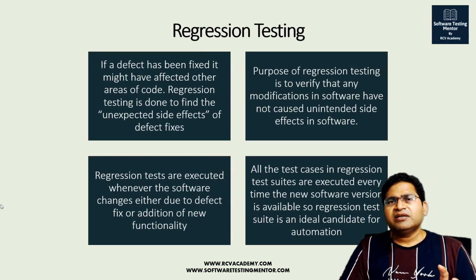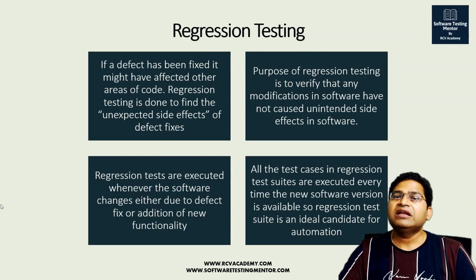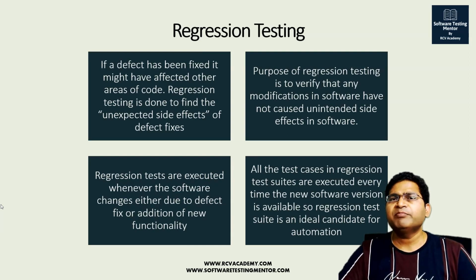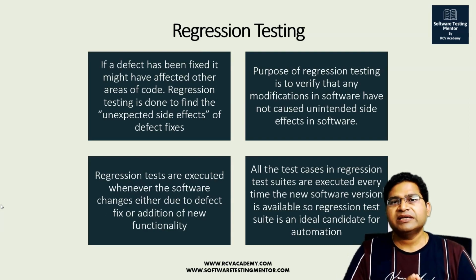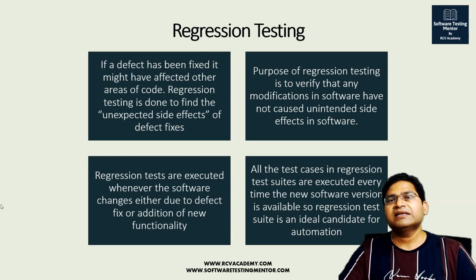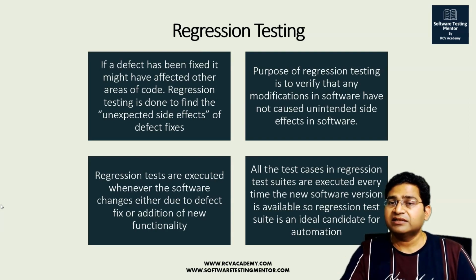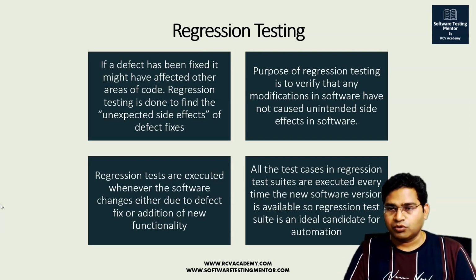Now regression testing can be partial or full regression. That depends on the level of change. Say for example, there is a very massive overhauling of the overall software architecture. You will obviously be doing full regression, which is basically executing all the related module test cases, or all the test cases that are considered regression test cases for the overall application.